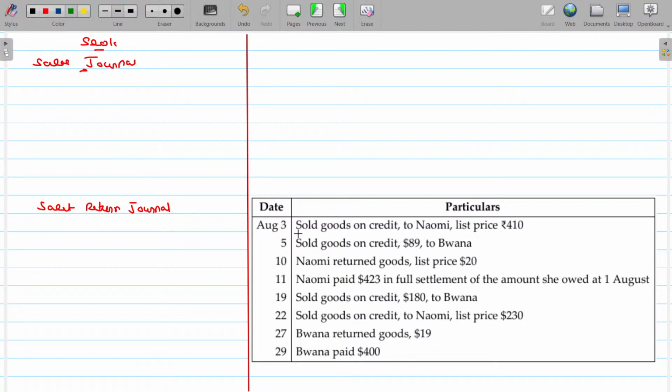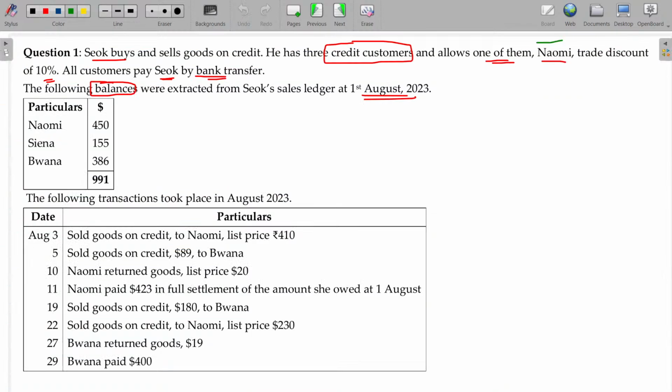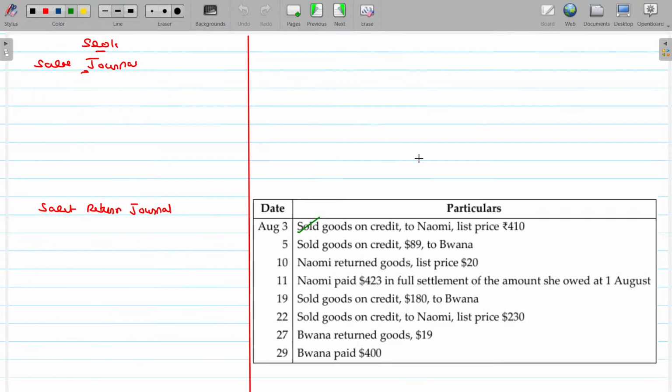Okay, let's start. On 1st August, sold goods on credit to Naomi. For Naomi, there's a trade discount of 10%, only for Naomi. On 3rd August 2023, sold goods on credit to whom?